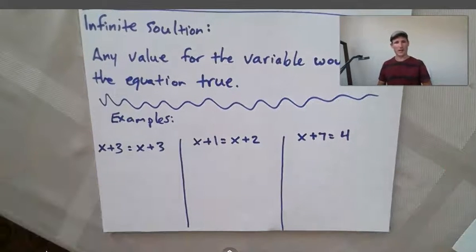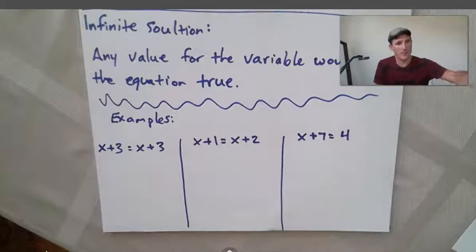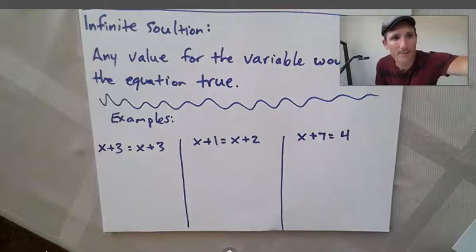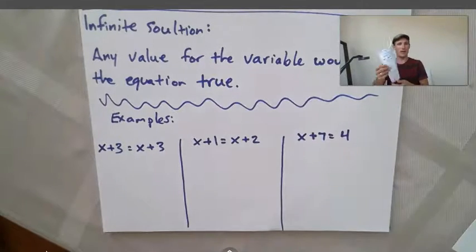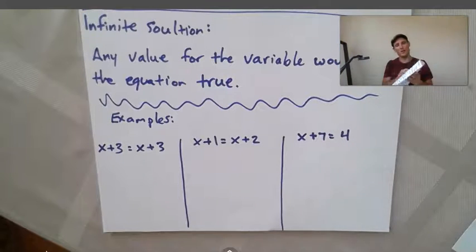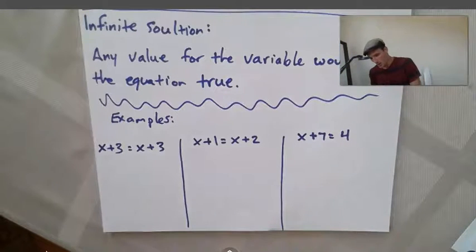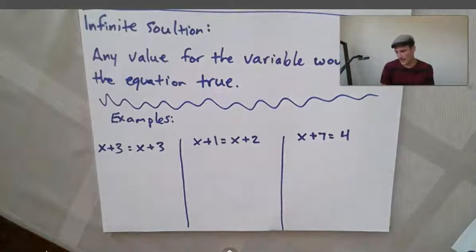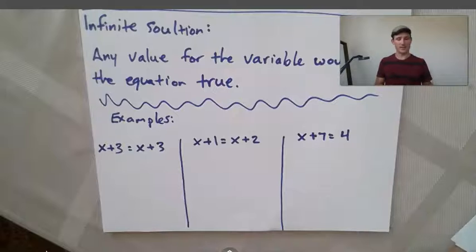Let's look at the first one. x plus 3 equals x plus 3. Well, if you have your notes handy with your patented Finnegan algebraic algorithm, we can do a few things. We can move all the variables to the left side, or we can move all the constants to the right side.